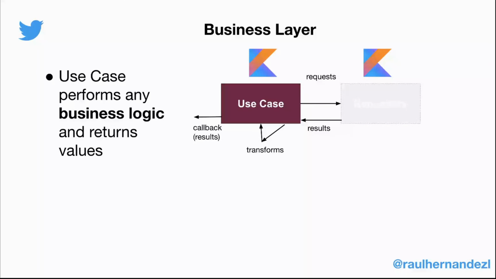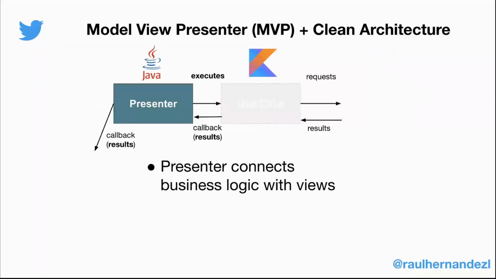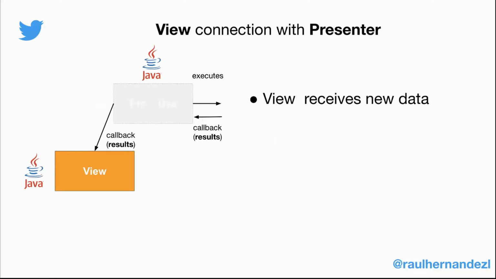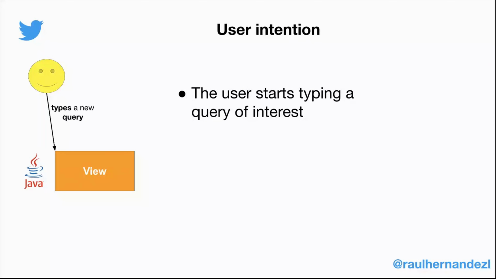Then the presenter is going to be the one executing that, passing the results back from the use case to the presenter and then to the view. And then the view is going to be the one receiving this new data and rendering those results on screen, basically by the user typing a particular query of interest. As you can notice, both the presenter and the view were in Java, so this is basically a hybrid application with Java and Kotlin.